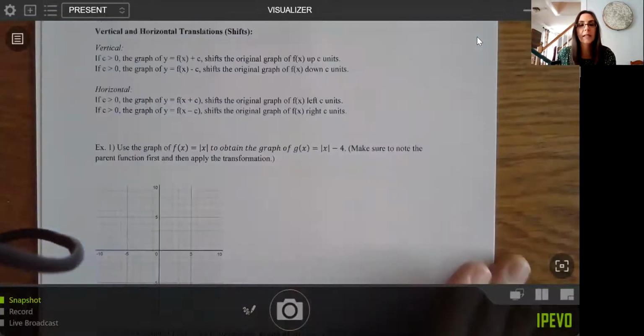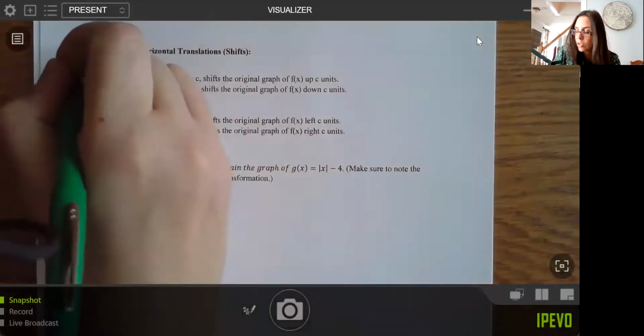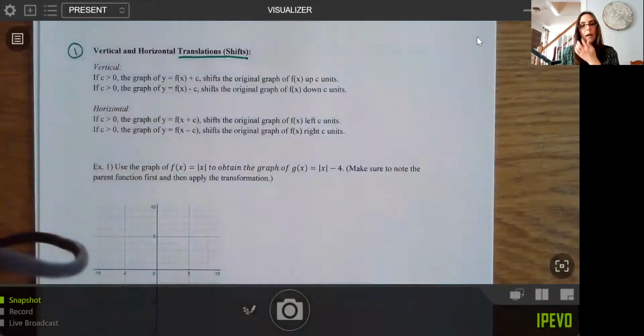Now, there are 3 kinds of transformations I'm going to talk about. And the first set are called translations or shifts. So either way is fine, just depends on which textbook you read. Some will call it a translation, others will call it a shift. These are your simplest kind of transformations.